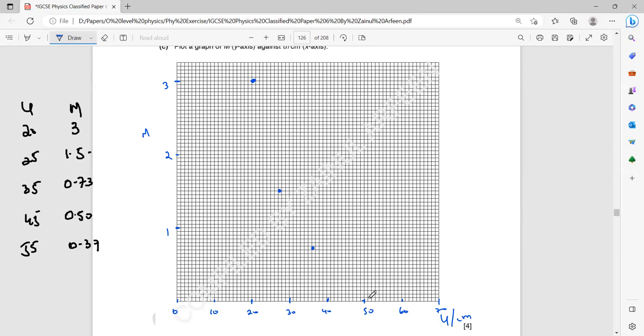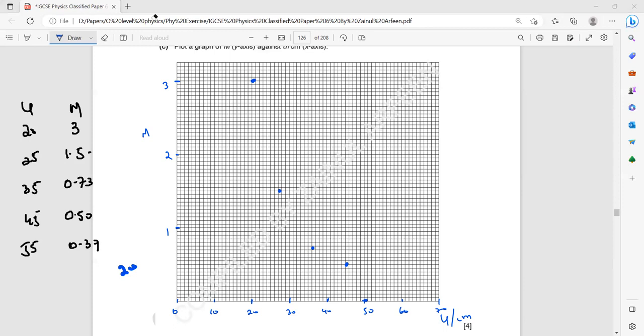45 and 0.50. So 45 and 0.1, 0.2, 0.3, 0.4, and 0.5. Then 55. For 20 boxes on the y-axis, 20 boxes equals 1.